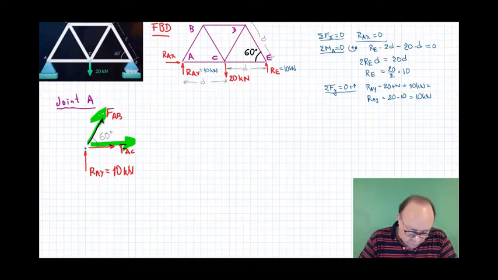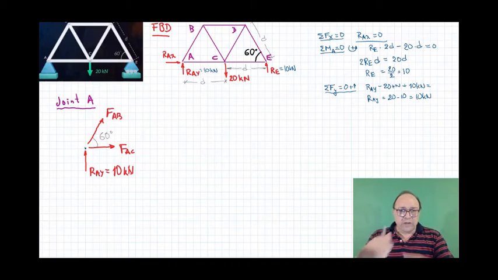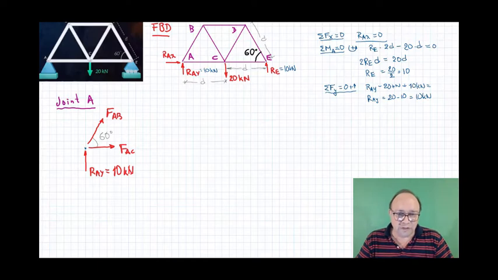So when you assume all the forces in tension, all of them positive, when you finish your calculations, you will find some of the forces being positive and some of the forces on the elements being negative. Those that you find that are negative means that your assumption was not correct.